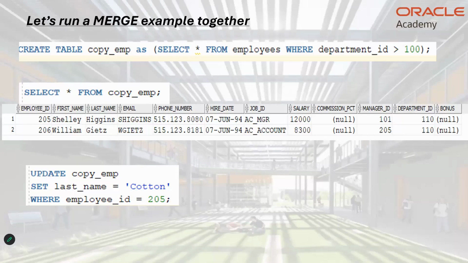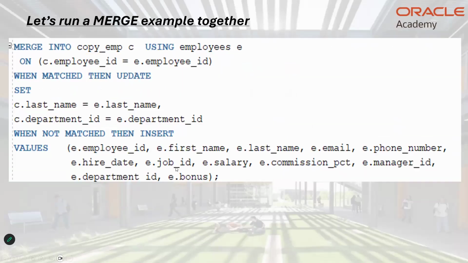And make sure you do employee ID 205 and not both employees. That's not good. All right, are we there? All good? Shelley is now Shelley Cotton, right? Make sure you do your select star and see Shelley Cotton. All good?